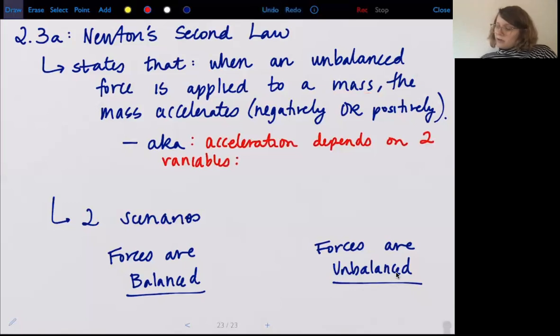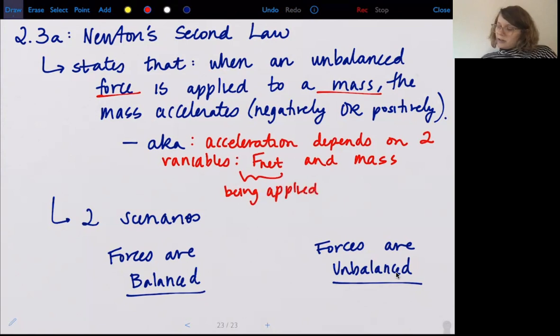Net force and mass. This is the net force being applied to the object, and the mass is the mass of the object. Okay. All right.